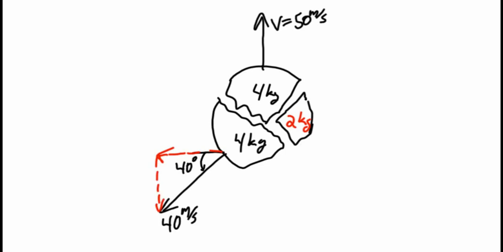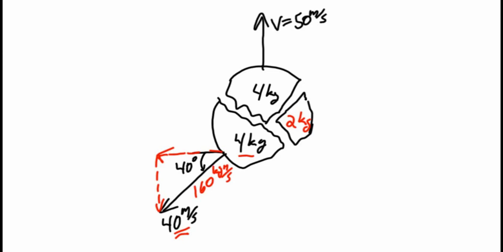And you can get the components of the velocity or you can get the components of the momentum. It doesn't matter. It's easier, in my opinion, to immediately go to momentum. And so that's what I'm going to do. I'm going to go to momentum first. So I'm not going to use the 40 meters per second here. I'm going to immediately go to momentum. And so I'm actually going to have 4 times 40. So I have 160 kilogram meters per second along the hypotenuse.